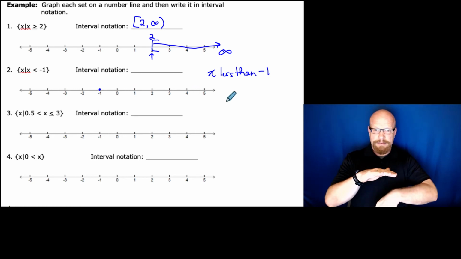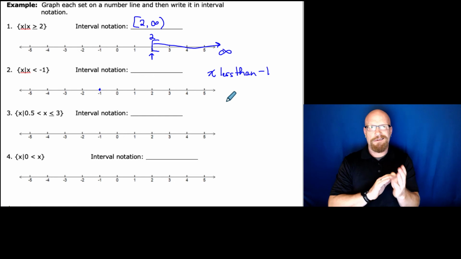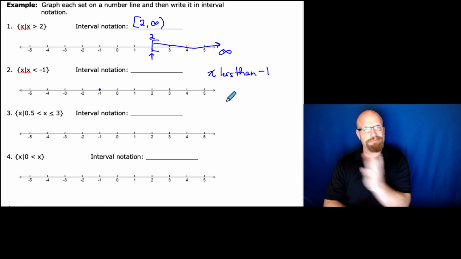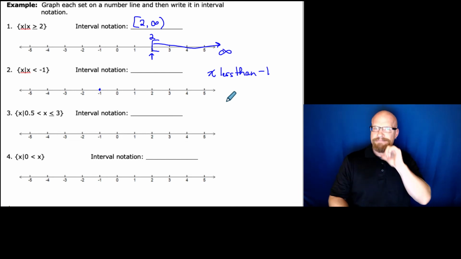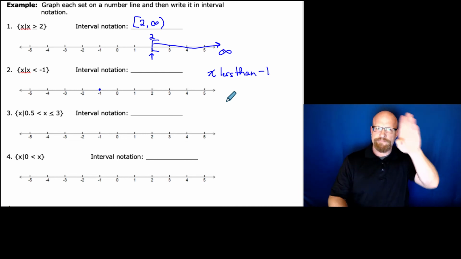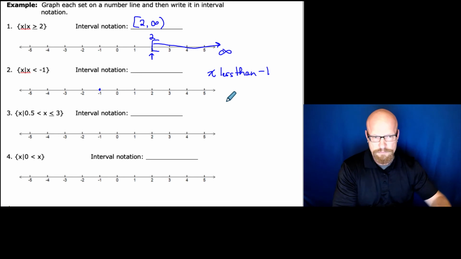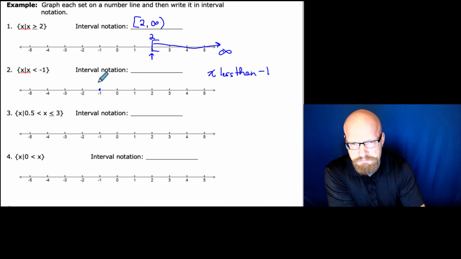So x less than -1, meaning -1 and then moving to the left. -2, -3, -4. It's going to go to the left. But it didn't say equal to, so it's going to be a parentheses, not a square bracket. It's open.